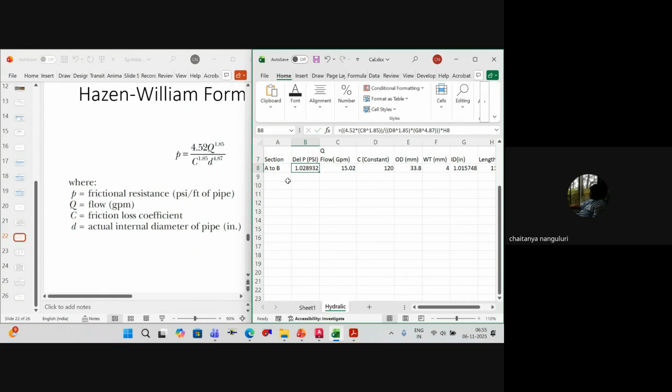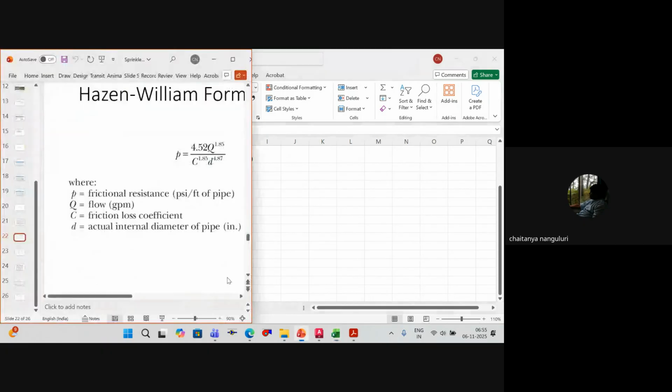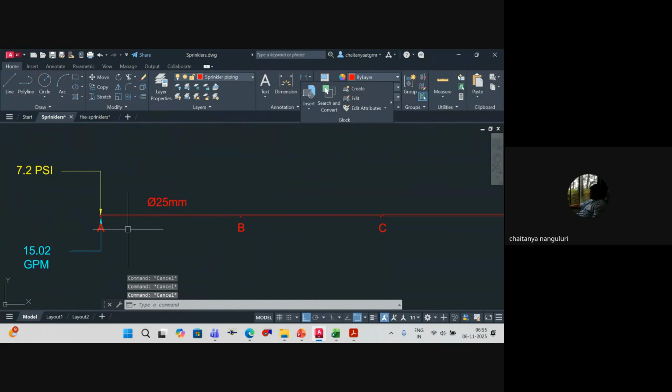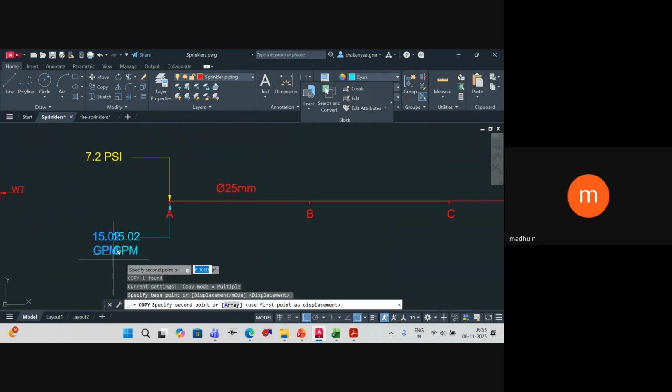If you give these inputs, automatically I'll get the delta P value. Understood? Okay. So we came to know that the pressure drop across is 1.02 PSI from A to B.